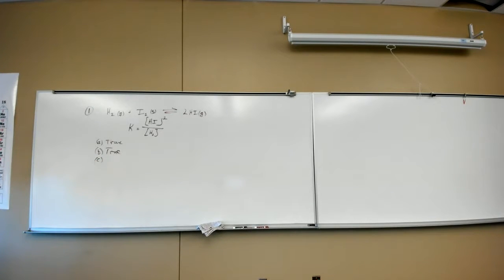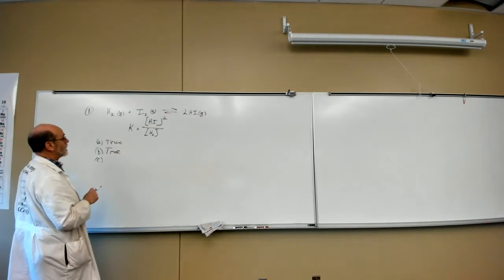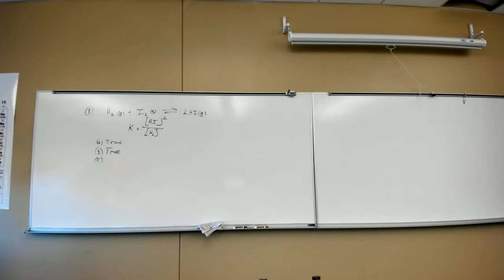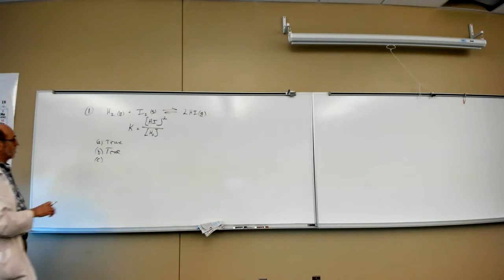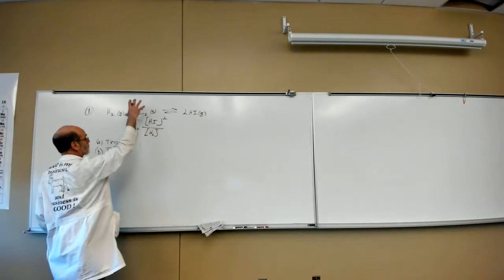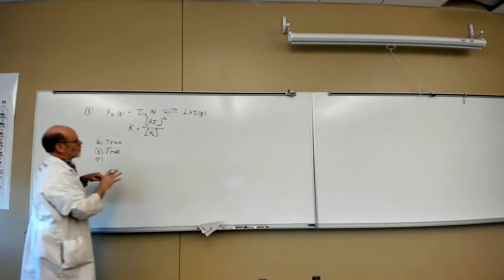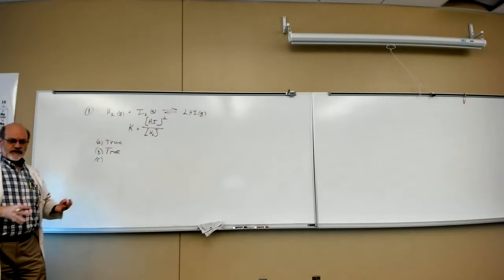For C, if the pressure on the system is increased by changing the volume, the left side is favored. Okay. Let me read that again. If pressure on the system is increased by changing the volume. So we increase the pressure, we're squeezing this down. So how is the system going to respond?